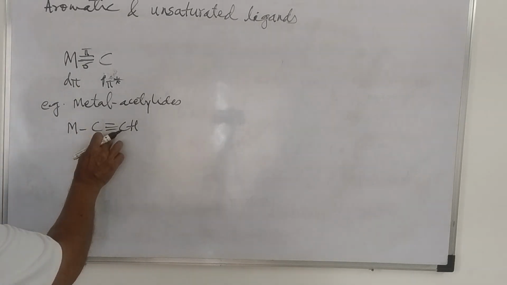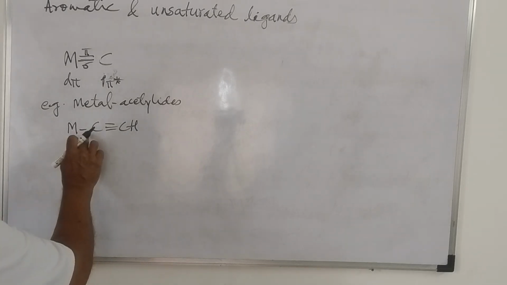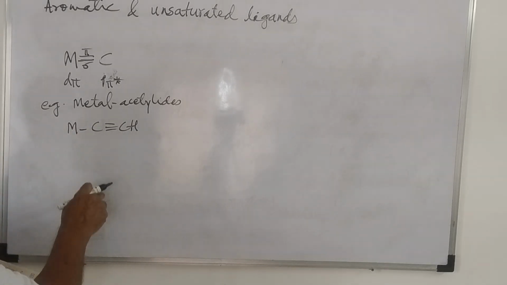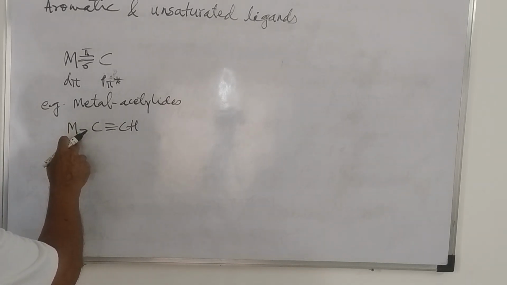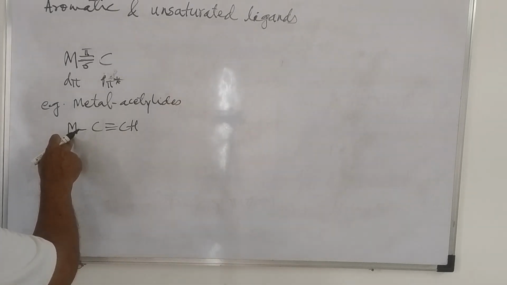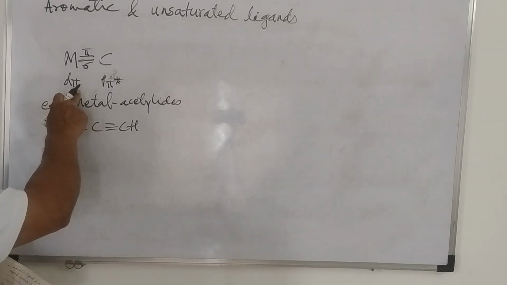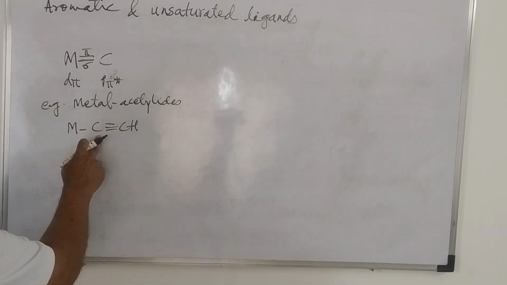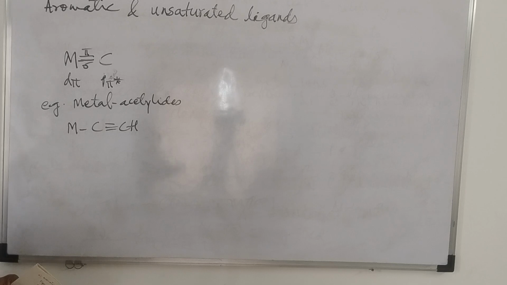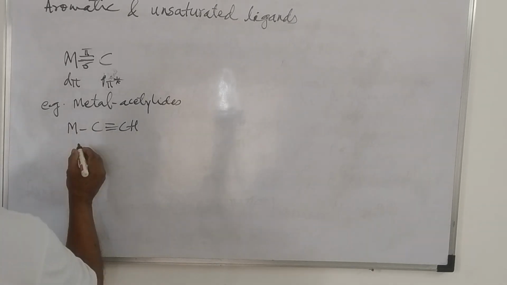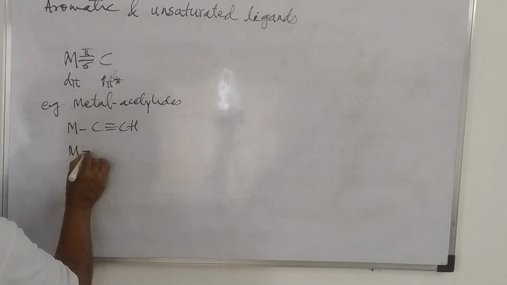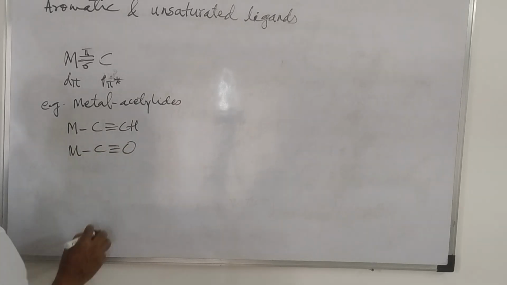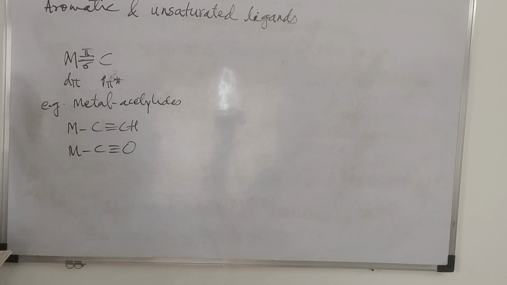So pi contribution definitely adds to this metal carbon bond, because the metal provides d pi orbitals which are filled with electrons, and carbon has vacant p orbitals of pi nature. So this species is also isoelectronic with metal carbonyls.